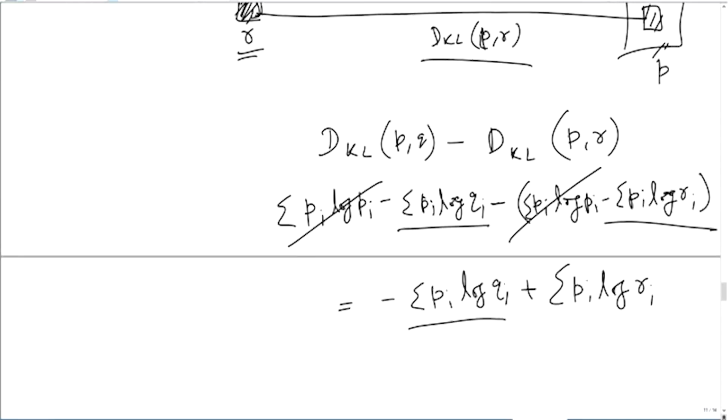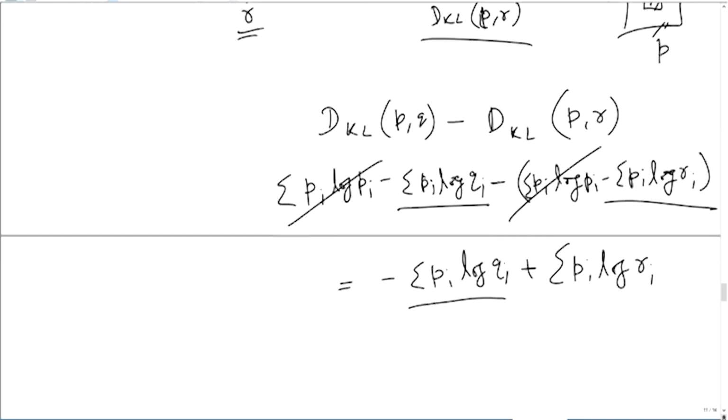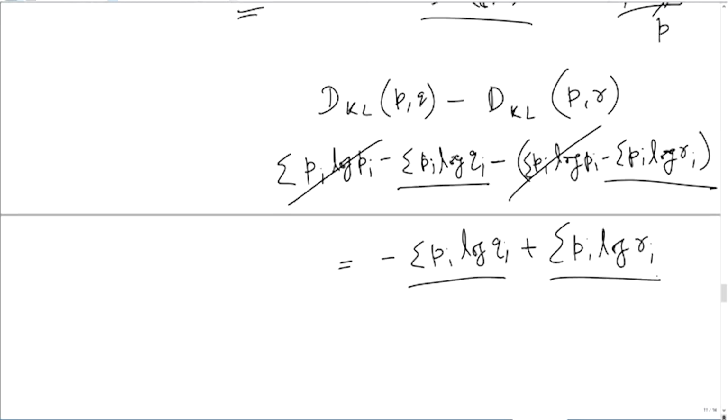So this is actually a metric of distance of model Q from the truth. Now interestingly, this term has become symmetric in a way.